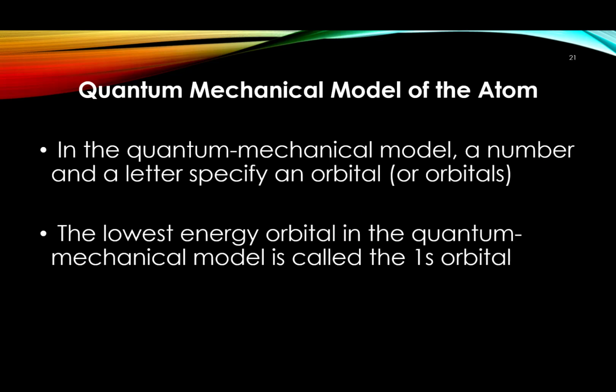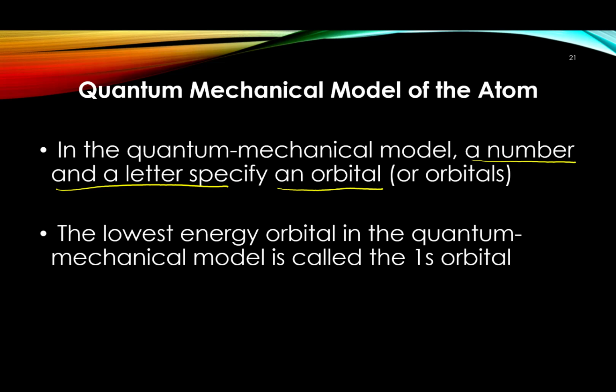Also, the new model gave a number and a letter for each orbital. Each orbital has a name and a letter, a letter and a number for each orbital, depending on where on the energy level it is.